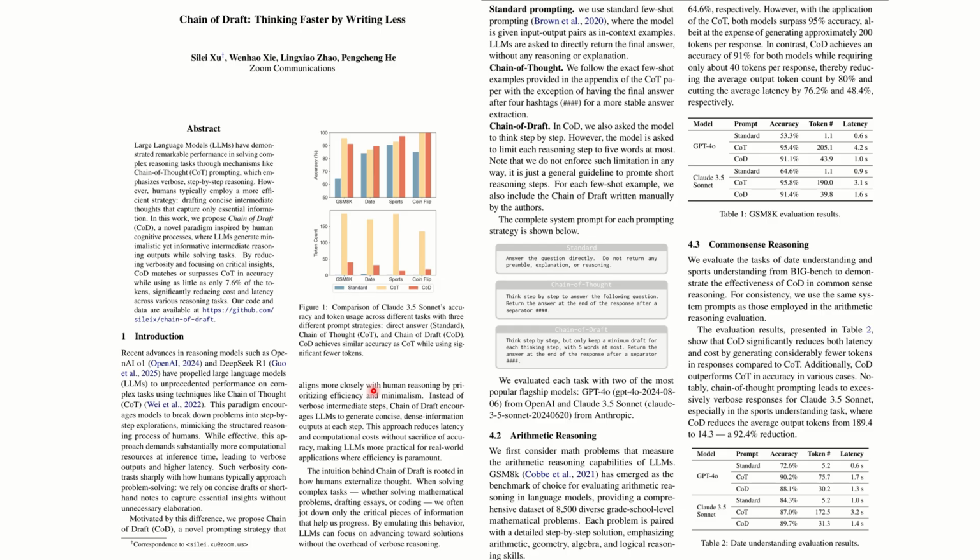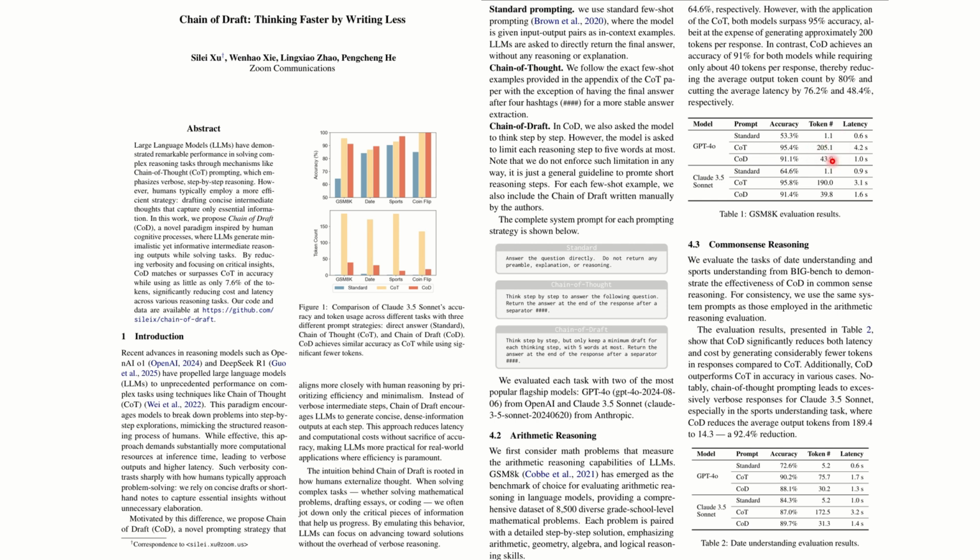This is the key and very interesting one. The chain of draft paper reported that CoD could match or even surpass chain of thought, or CoT, on several reasoning tasks, while using as little as 7.6% of the tokens. For example, on the GSM8K benchmark, the paper reports GPT-4o at 95.4% accuracy with chain of thought and 91.1% with chain of draft. So the accuracy is close.